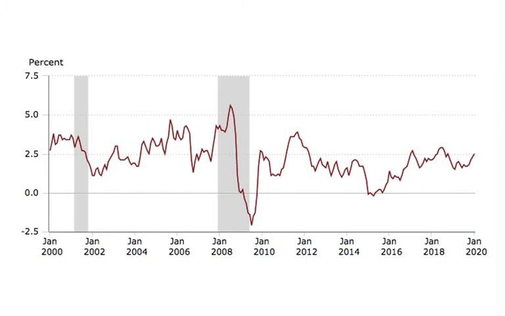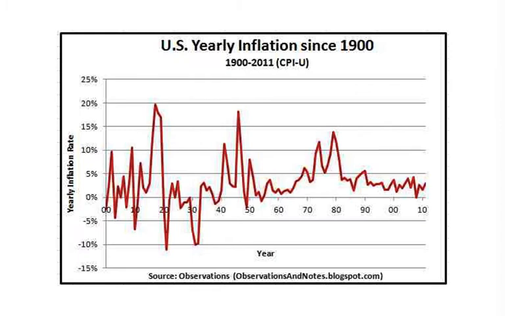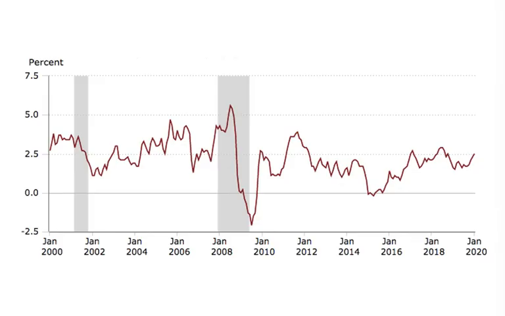I'm comparing that to historically. Here, inflation went all the way up to 20%, down to past negative 10%. Since 2000, it's been a lot more steady, between about 0 and 5%, only getting above 5% or below 0% very infrequently.